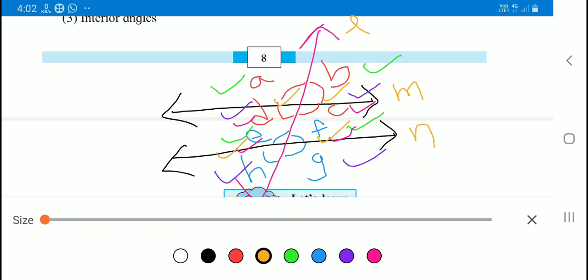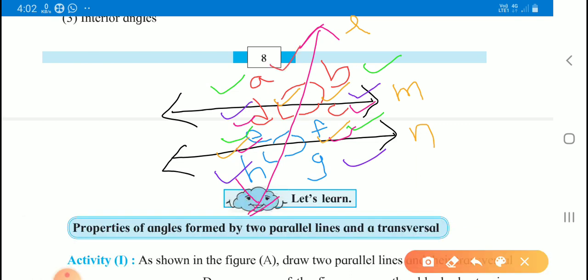This pair I will show using red color. So here the pairs of exterior alternate angles are A and G, then B and H. Like this you have to keep in mind.